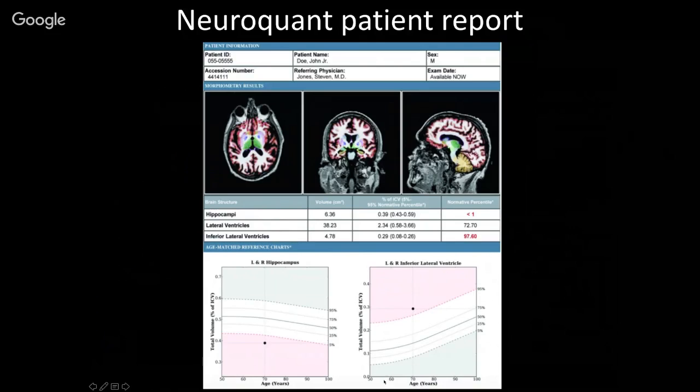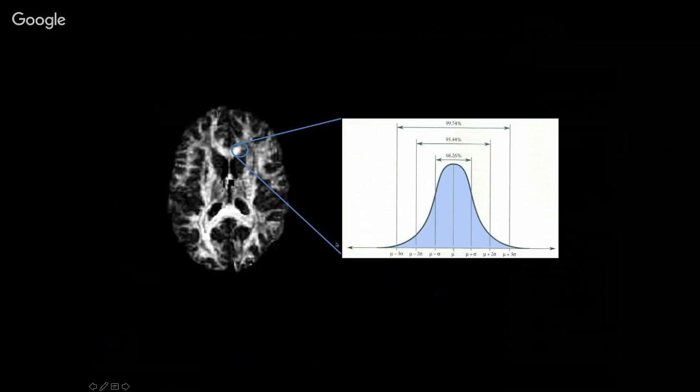This is very much an evolving science in terms of understanding how these data points represent disease when compared to 95% of the remainder of the normative population. But this is the kind of information that is beginning to make its way out into the clinical setting that allows for the availability of these more precise quantitative measures.